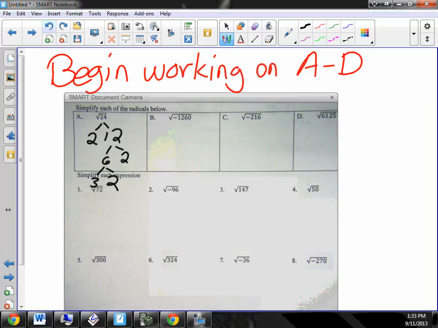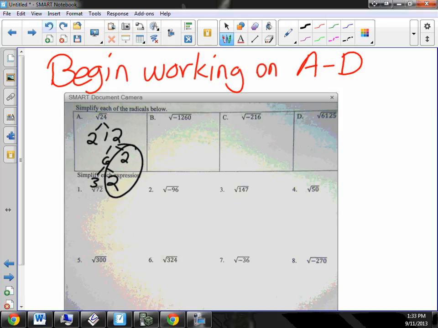All right, so once we have this broken down, we're looking for pairs of numbers. Do I have any pairs? I have a pair of 2s. I actually have three 2s, but we're looking for a pair of 2s, or 3s or 4s or whatever. So I circle my pair. And here's where kids make the mistake.